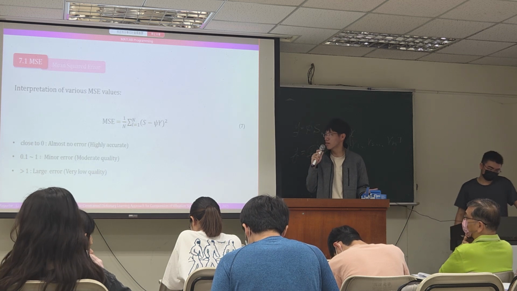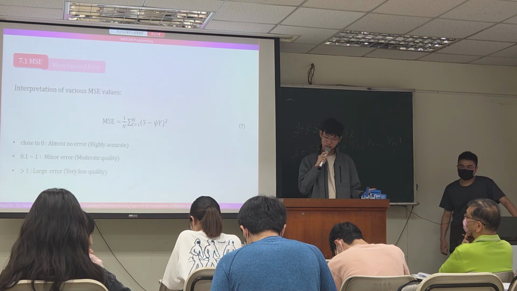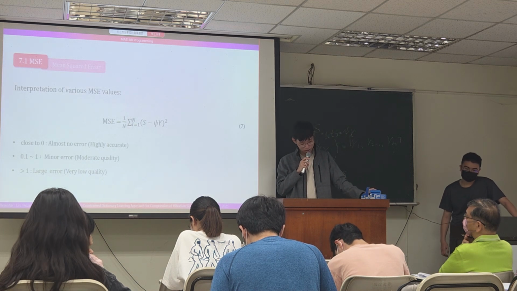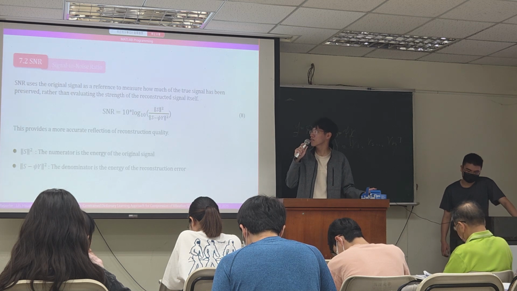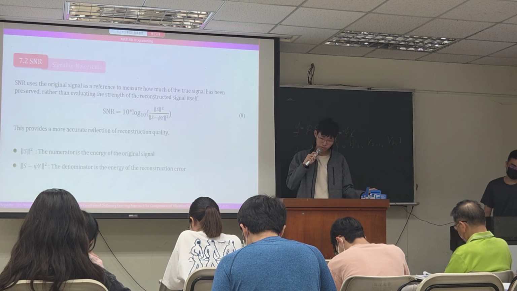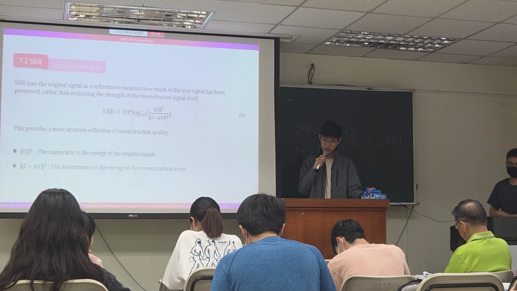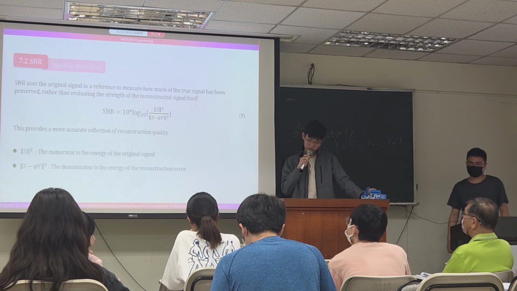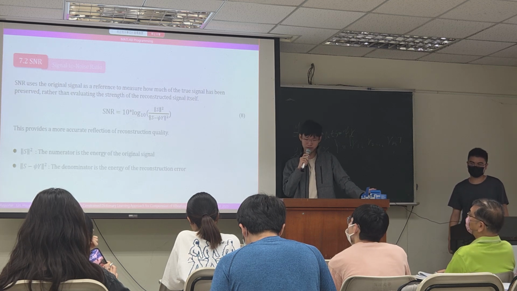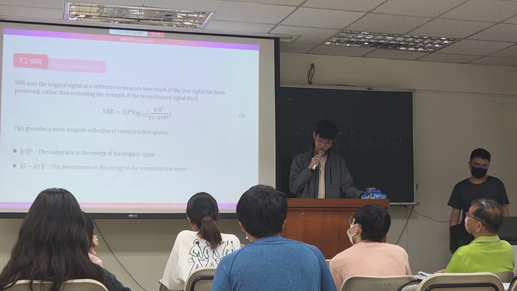And if it's bigger than 1, that means the reconstruction is very bad. The second metric is SNR, the signal to noise ratio. The SNR is used to evaluate the quality of signal reconstruction and the extent of noise interference.